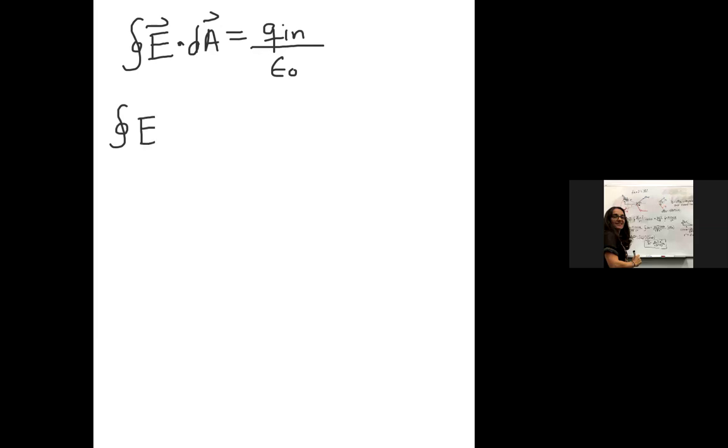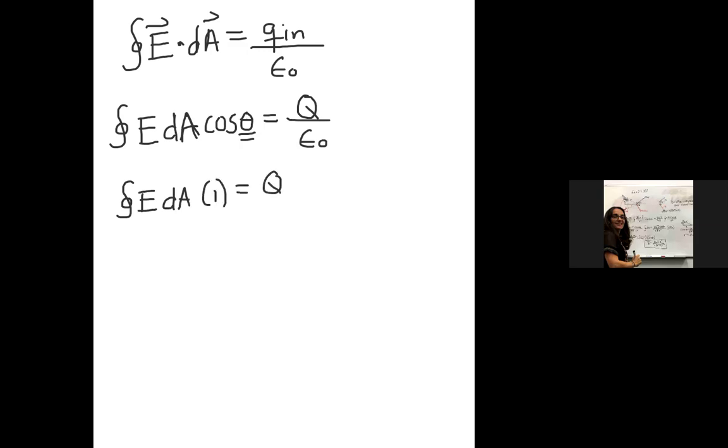This is magnitude E, no longer a vector, magnitude dA, no longer a vector, times the cosine of the angle between them, is equal to, what is the charge inside of my sphere? Total Q over epsilon naught. Okay, what was theta? Theta was 0, right? Remember that everything pointed in the right direction. So that just meant that this is now E dA times 1 is equal to Q over epsilon naught.